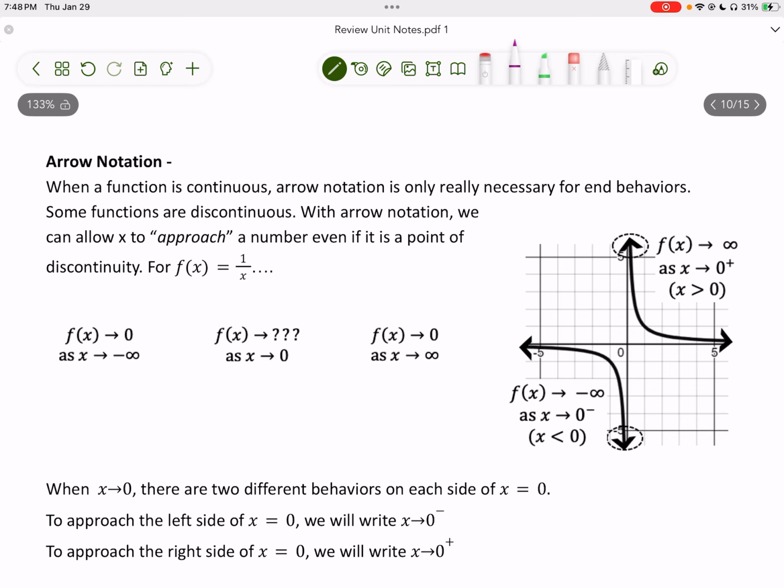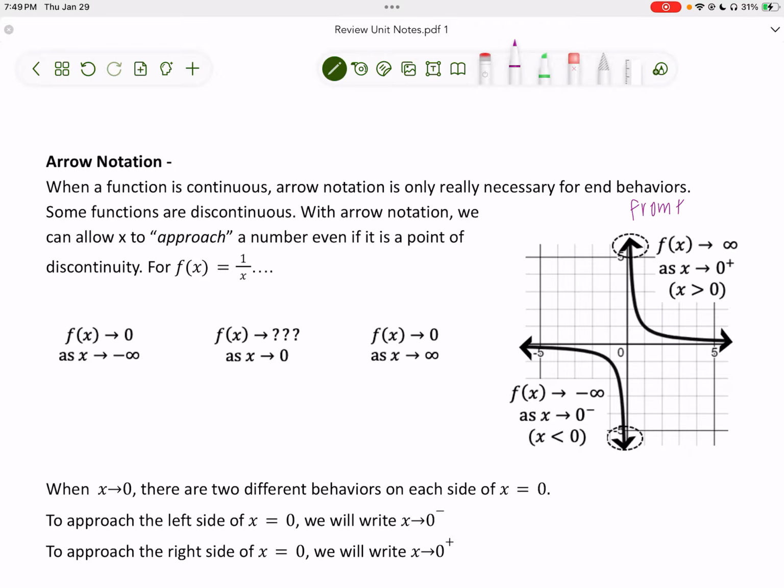Now, talking about arrow notation, this becomes important in calculus, and we really want to highlight that directionality. So right here, 0 with that plus sign means coming in from the right.